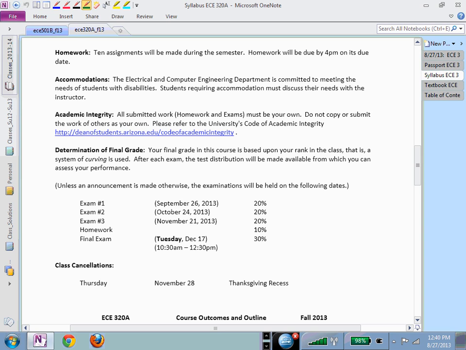Isn't it about 12:30 now? So you'll have to set your alarm earlier if you're just now waking up for the final when it occurs on the 17th of December. The final exam ends at 12:30. You don't want to show up at 12:30 on December 17th. Okay, make sure you show up at 10:30.